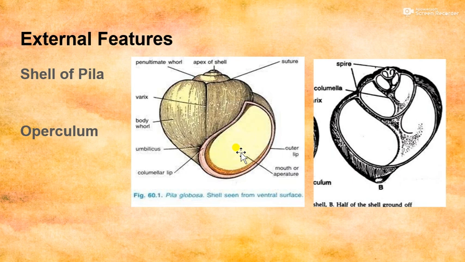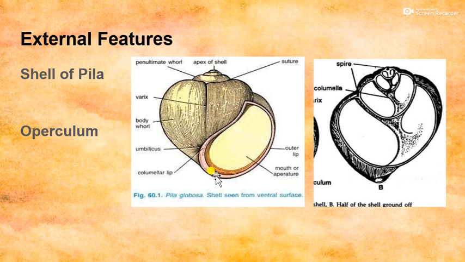If we see the microscopic structure of this shell, the shell of Pila globosa consists of an outer pigmented layer, called the periostracum, of horny organic conchiolin.